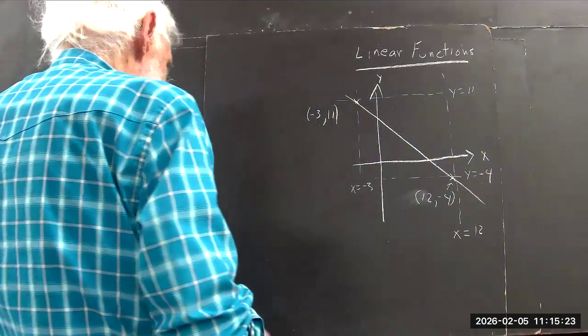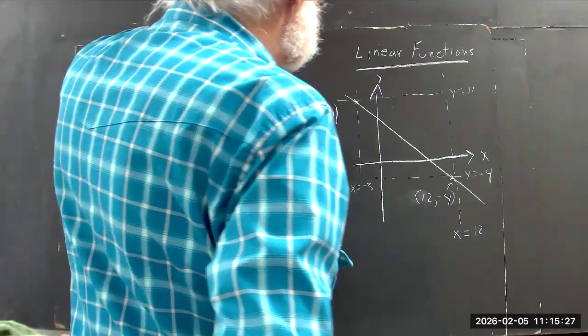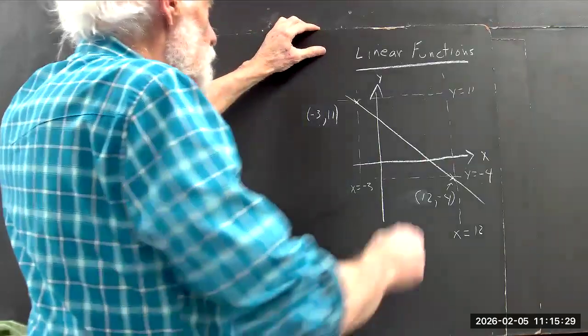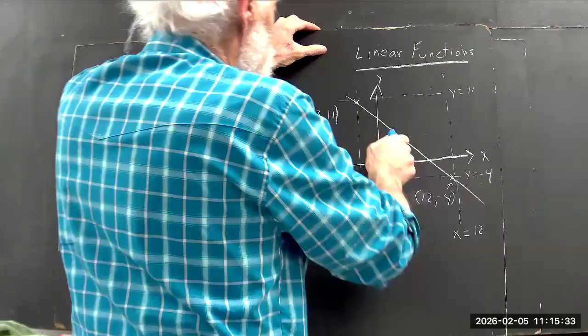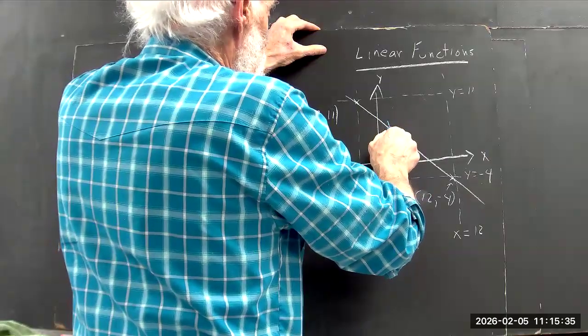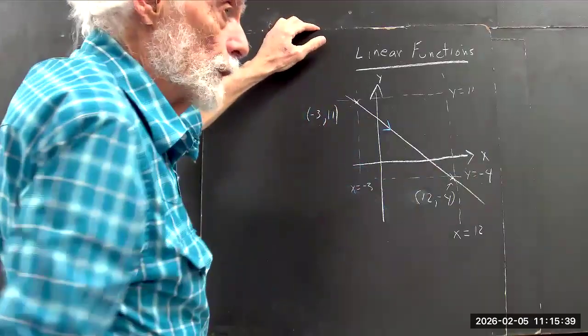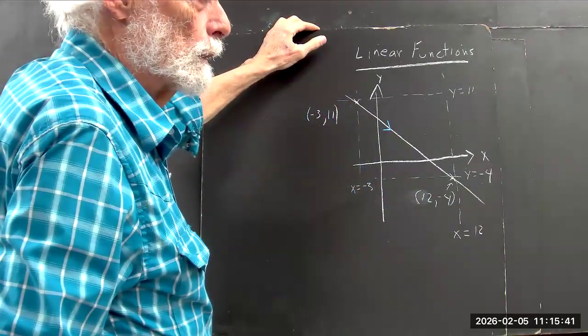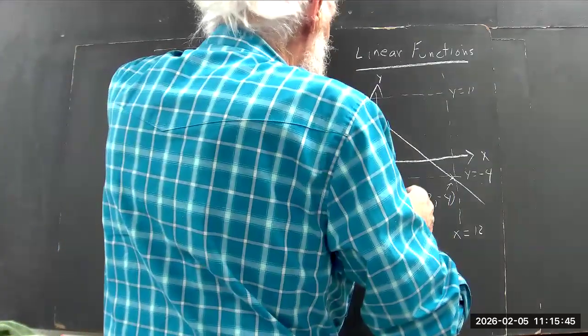Now the slope. I said I was going to define the slope, and that's exactly what I'm going to do. If I go from this point to this point, I'm going to draw a little arrow. I'm going from the left to the right, leftmost to the rightmost point. It should be left more, right more, but everybody says leftmost, rightmost, I'll live with it.